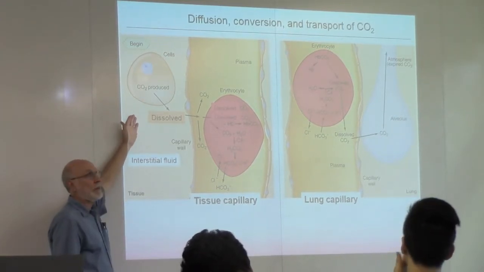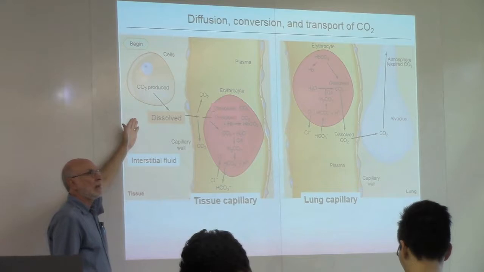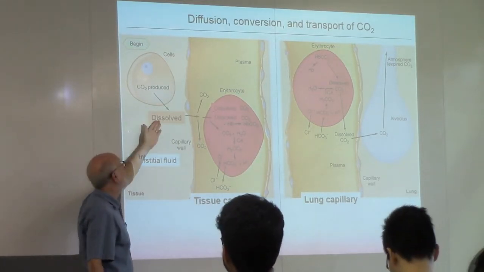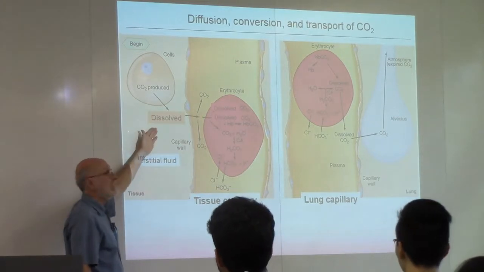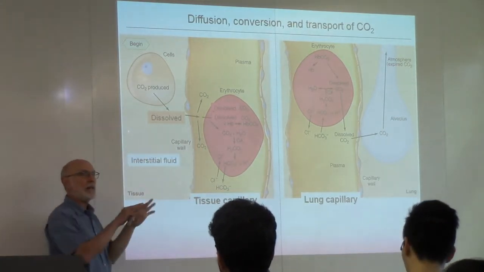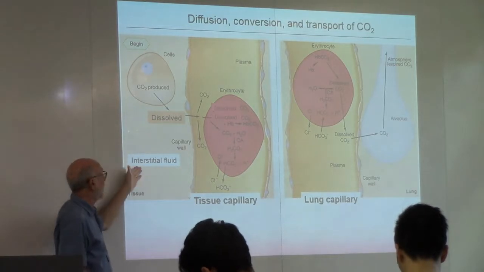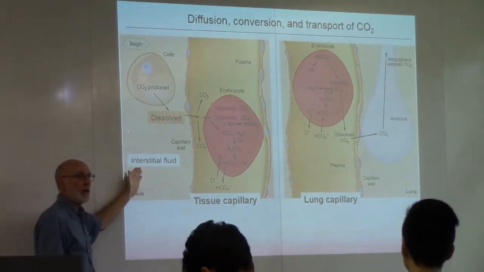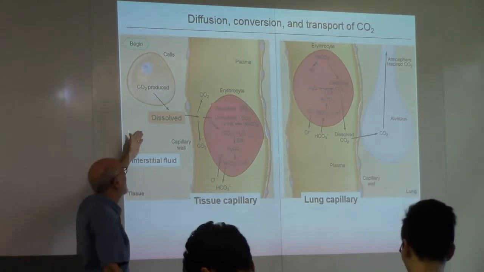CO2 diffuses from the mitochondria into the cytoplasm. CO2 diffuses from the cytoplasm through the cell membrane, and is dissolved in the extracellular or interstitial fluid around whatever tissues we're talking about. So we've got steps of diffusion.